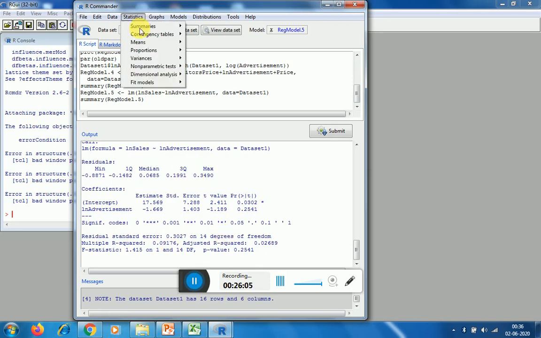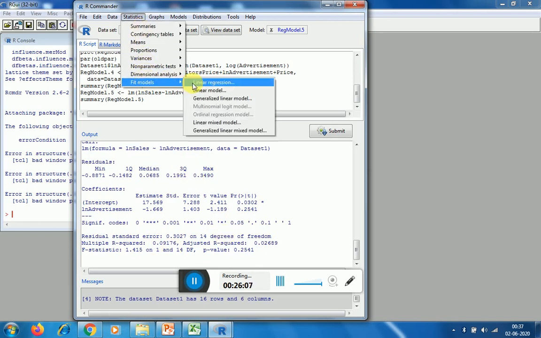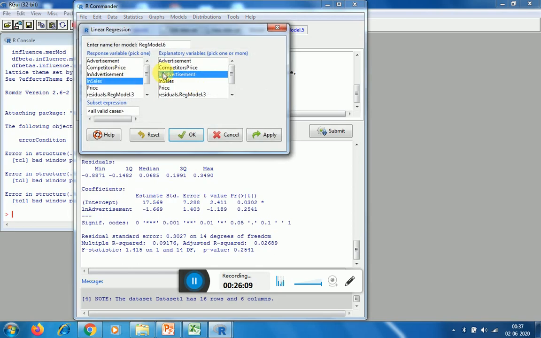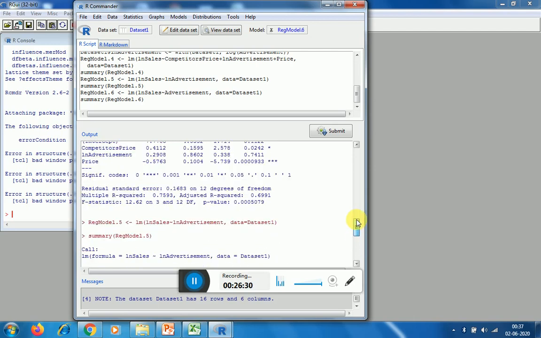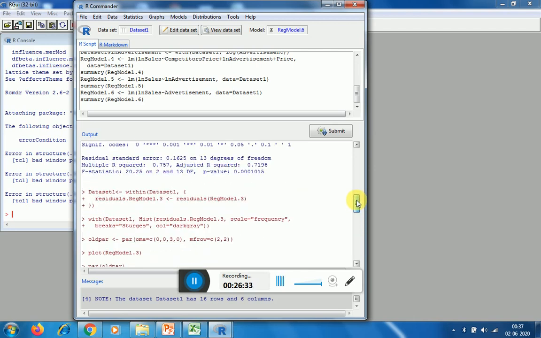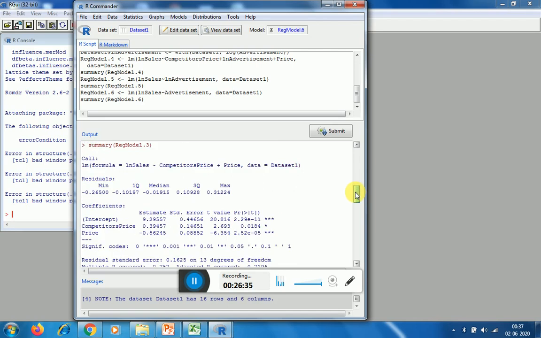Now if I take linear regression of ln sales on advertisement only, you can see that advertisement has almost 0 value, and r squared is again 0.08, and this value is not significant.